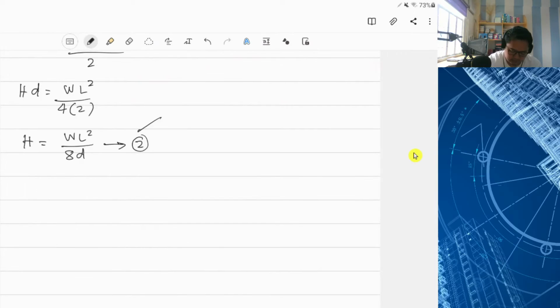Another thing to memorize is the length of the cable. We have two formulas for the length of the cable: the approximate and the exact. Let me write the formula for the exact first.